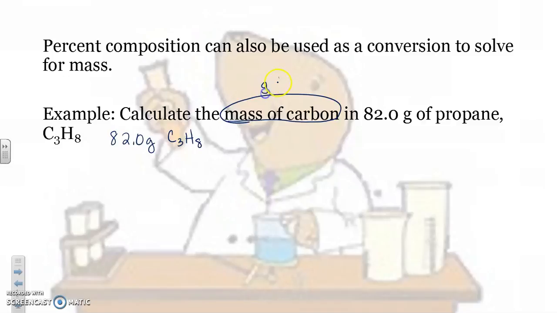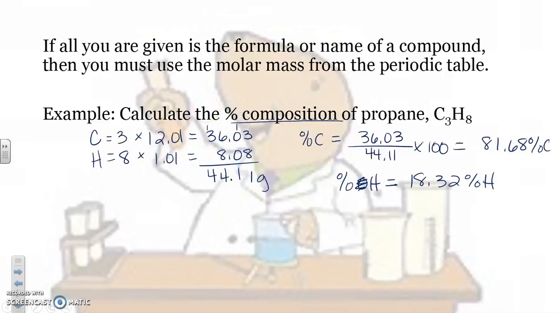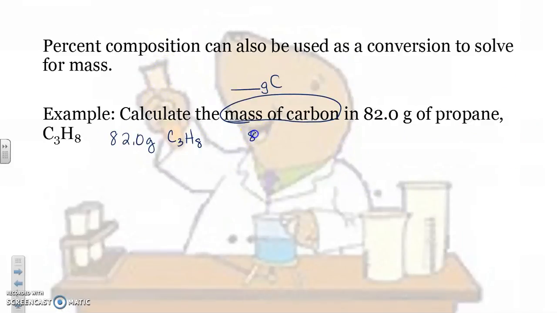So we're looking for grams of carbon. All right, well, if we have 82.0 grams of propane, and we know, let's go backwards, that in propane, 81.68% of it is carbon. 81.68% of this substance is carbon.